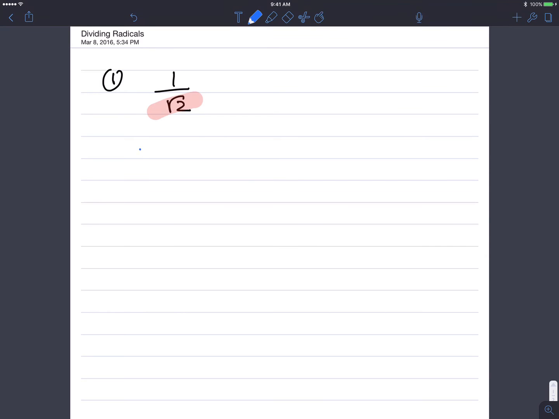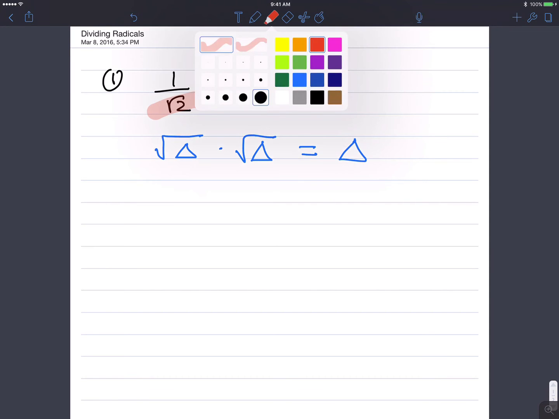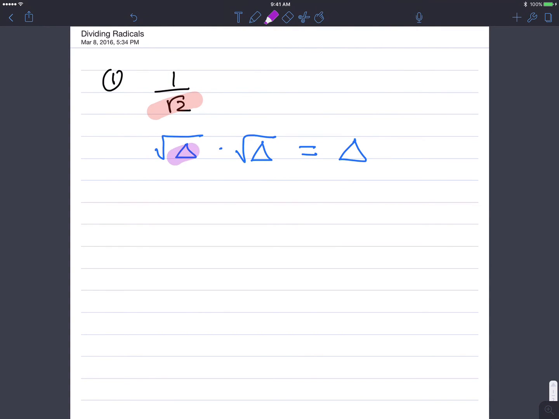And the idea is that the square root of a triangle times the square root of a triangle, by the product rule, gave us a triangle. In other words, if you multiply a radical, what's under the radical is that triangle, and what's under the second radical is the exact same thing.